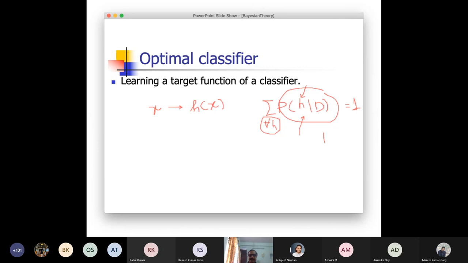This is your hypothesis. You are trying to mimic the target function, so what you are considering is representing the target function.